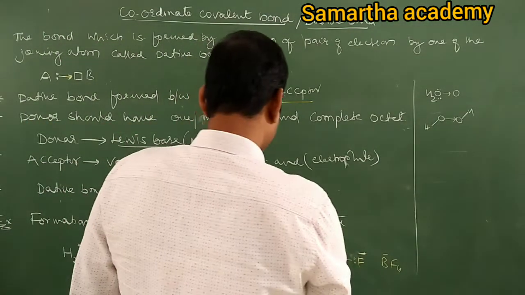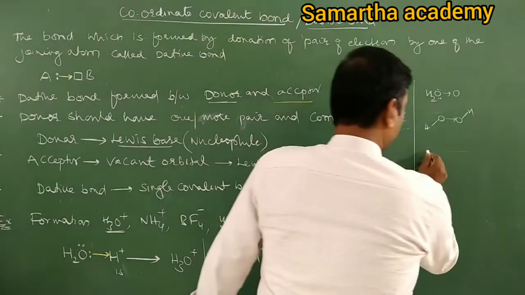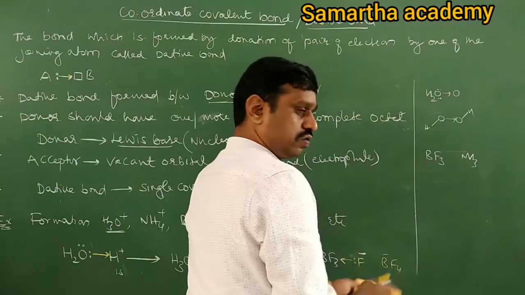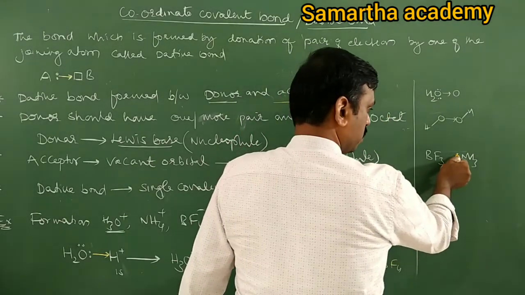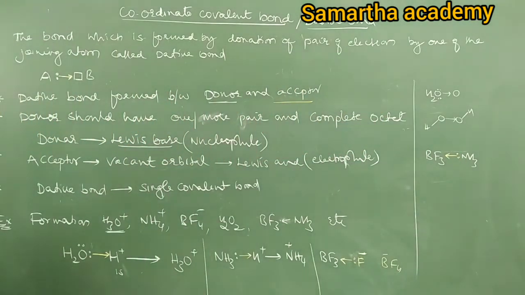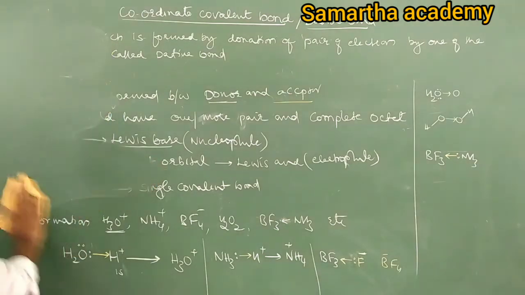Next, these are some examples. BF3 ammonia: in BF3 ammonia, which is the donor? NH3, it has a lone pair, right? Let us see some more examples.